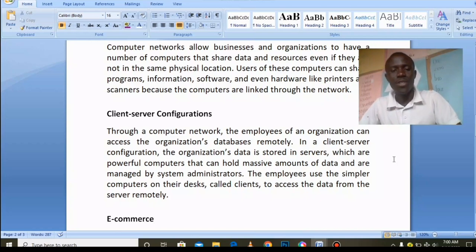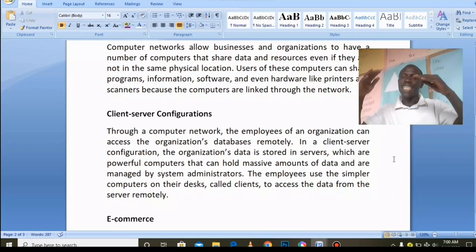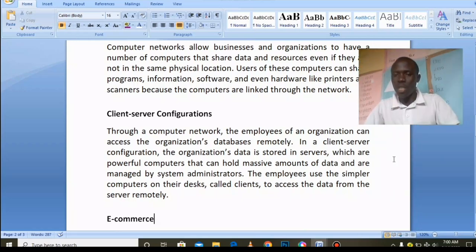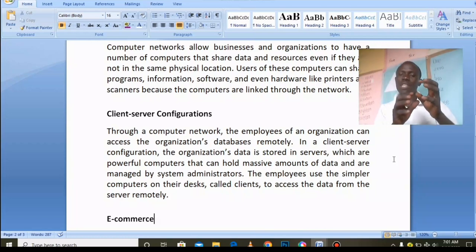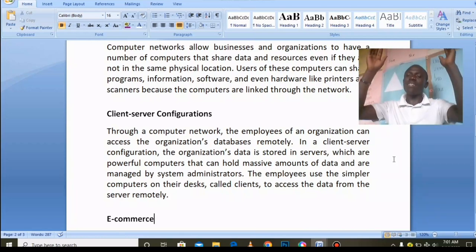Client-server configuration. So for example, let's say that this is a bank system, but a bank system has what we call a remote database system, whereby you can easily access it from your remote computers, meaning that it is not shared online. It's not online, but it's on a remote network. So it does not go outside that company. It means that the database administrators can easily access those databases remotely when the online system is down.